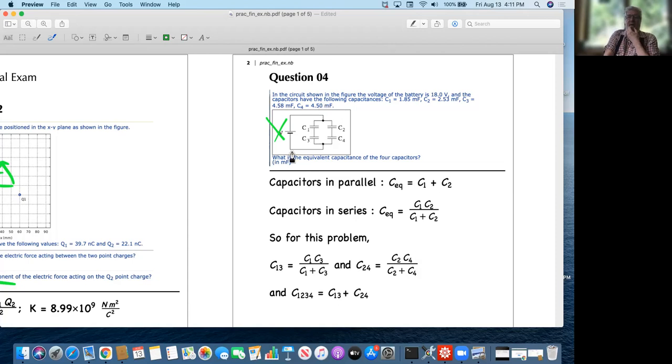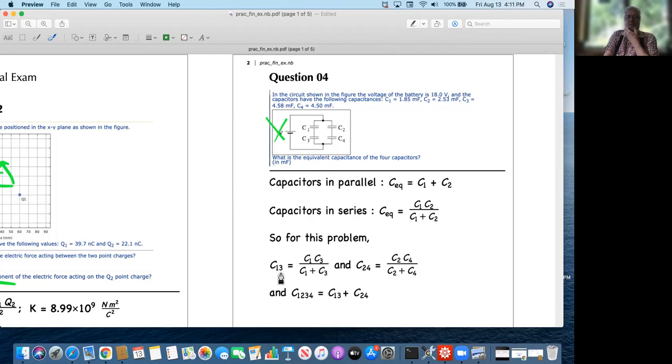Now you have to identify what combinations we have here. Well, first of all, these two are in series. So there'll be a combination of C1 and C3. And these two are in series. So there'll be a combination of C2 and C4.